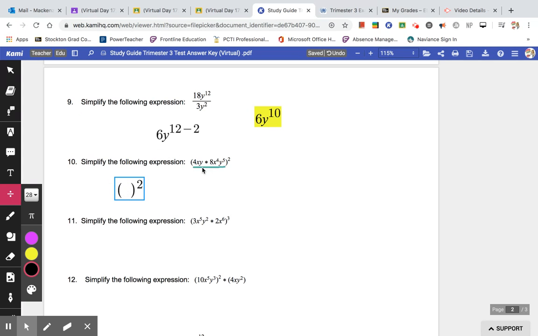So if I look, on the inside I have a 4 and an 8, so those are coefficients. So we know when we do the product rule that we actually multiply those coefficients. So we get 32. Then we have 2 sets of x's. We have x, there's nothing here, so we know this is x to the first power. And we have x to the fourth power.